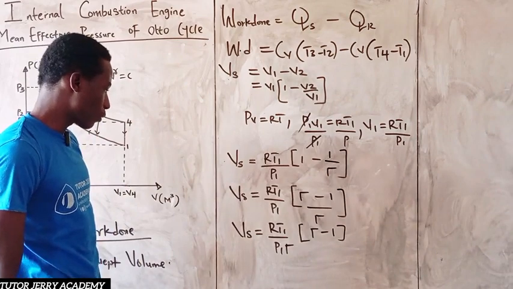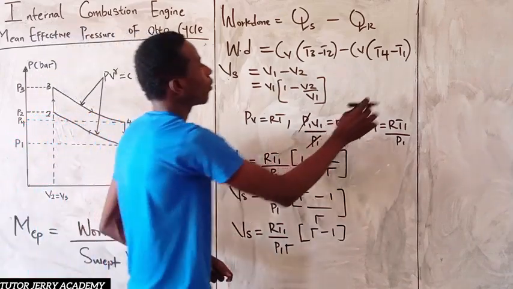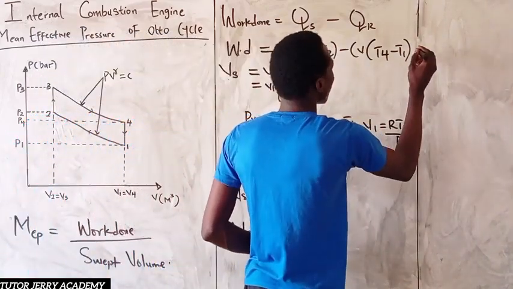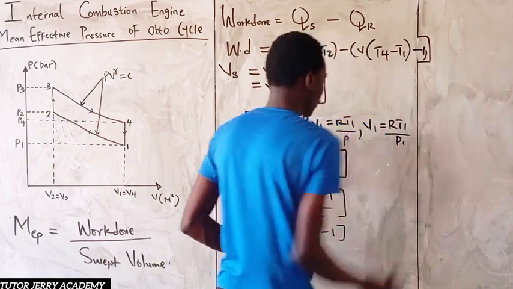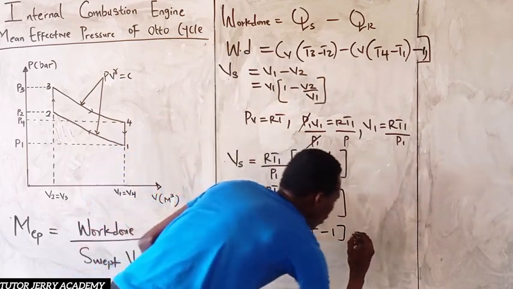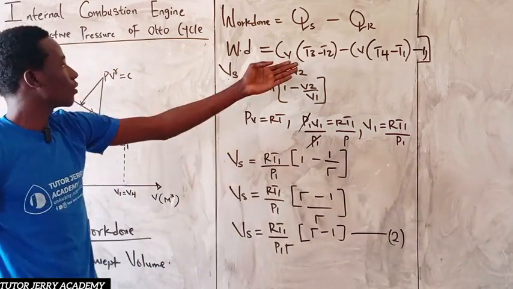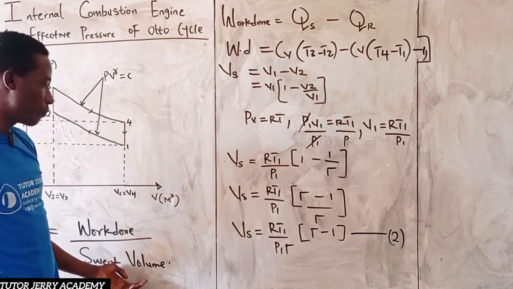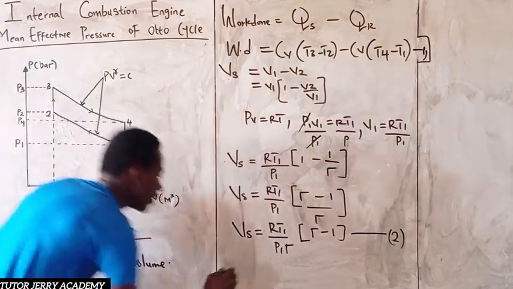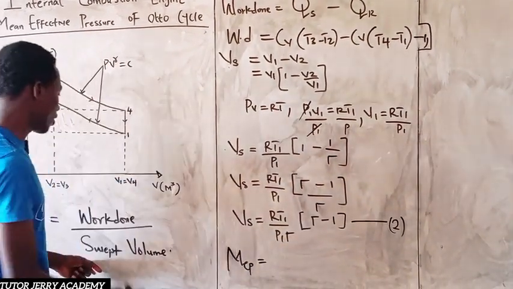So let's proceed. From here you can see that we have gotten a relation for work done. Let's call this equation 1. And we have also gotten a relation for our swept volume. Let's call this equation 2. Now I'm going to substitute equation 1 and equation 2 in our formula for mean effective pressure, which equals work done.